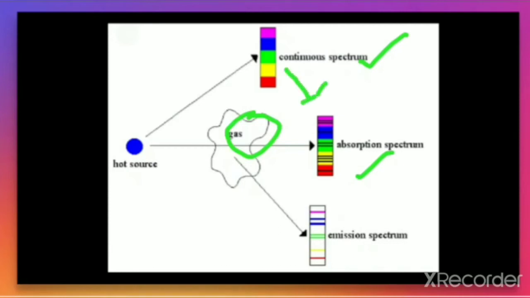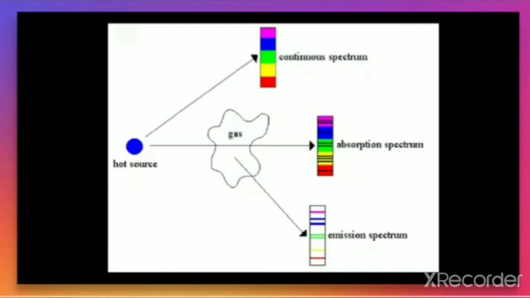When you compare these two figures, you can find that in this continuous spectrum, certain black color lines are found. These black color lines show that some of the radiation from the light is absorbed by the gas. Therefore, this spectrum is called an absorption spectrum. But how do we get the emission spectrum?